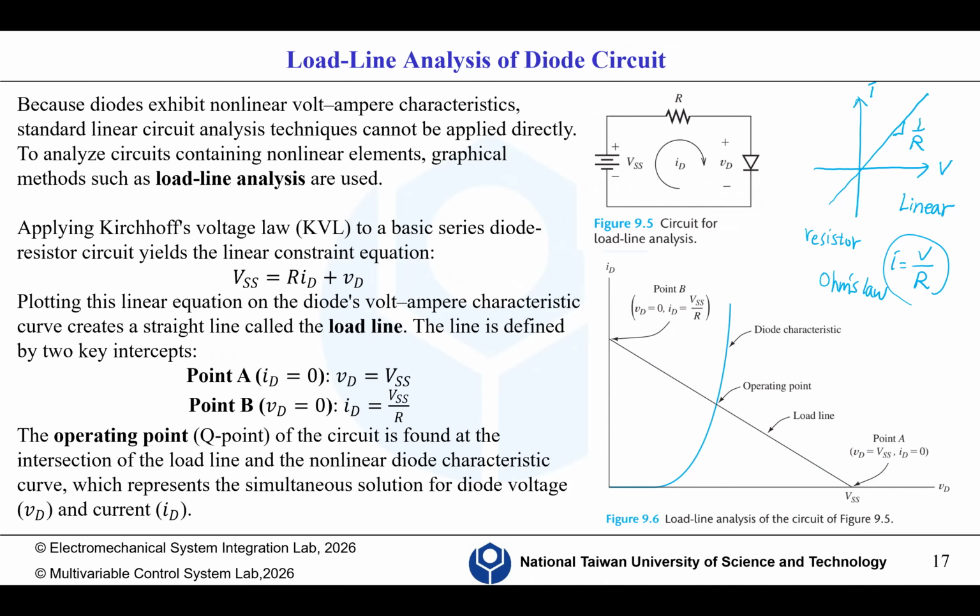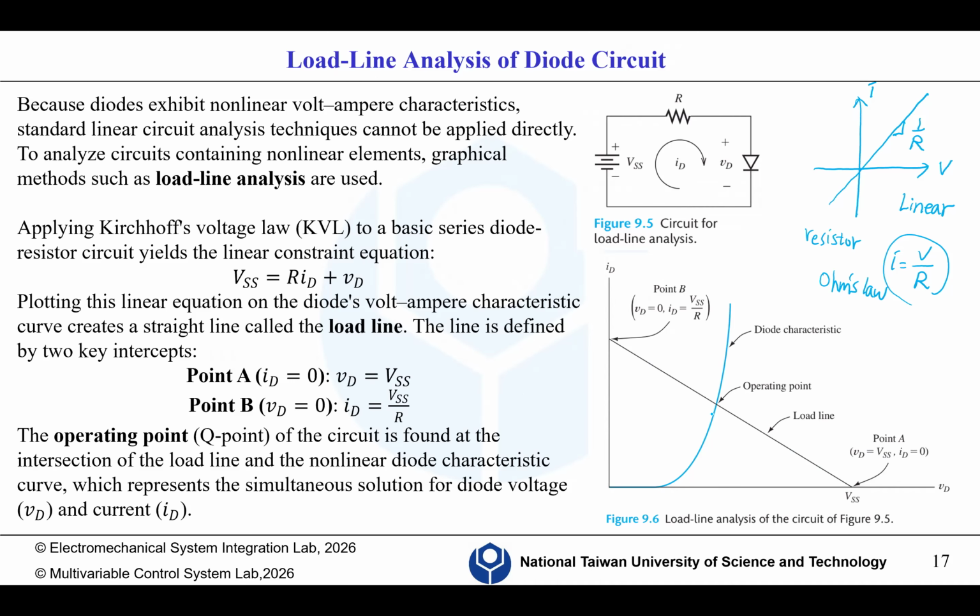So if we have a diode in a circuit, there are several ways to analyze it. The first we are talking about is we try to solve this ID and VD graphically, which means we try to locate the values on a graph, like the graph on the slides.